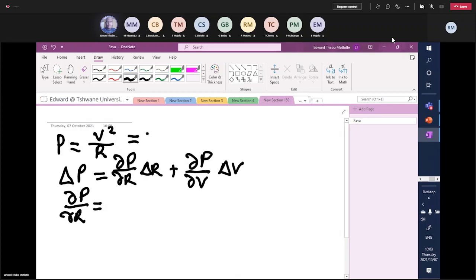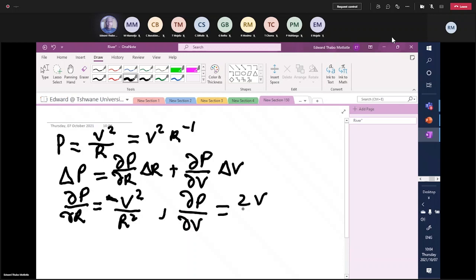Here I can write this as V squared R to the power minus 1. So my answer here will be V squared over R squared, and this is negative. Now if I differentiate P with respect to V, my answer will be 2V over R.